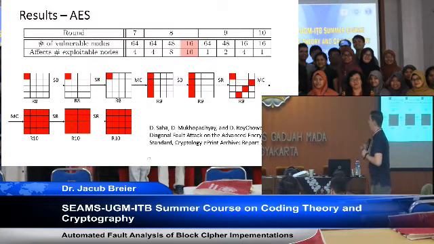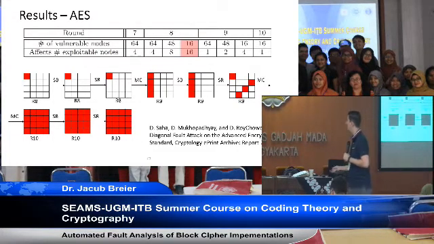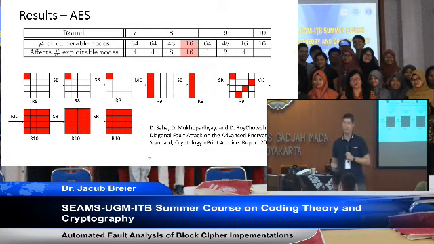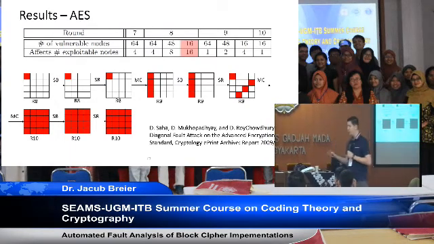And then when we move into round 9, there is another mixed column which will distribute the fault from each of the bytes in each column into all the columns. So this is a single fault attack on AES, and so far it is also the most efficient attack.